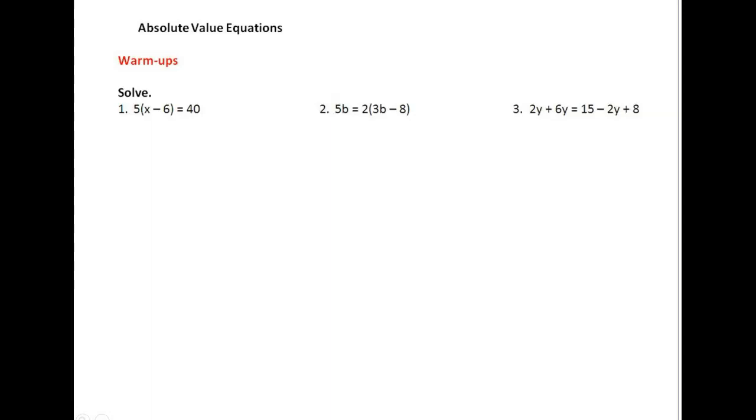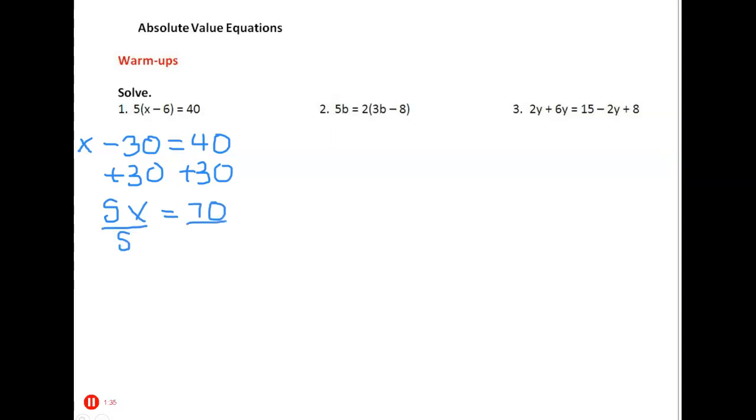So you have 5x minus 6 equals 40. You need to distribute the 5x. Add the numbers. Divide by 5.